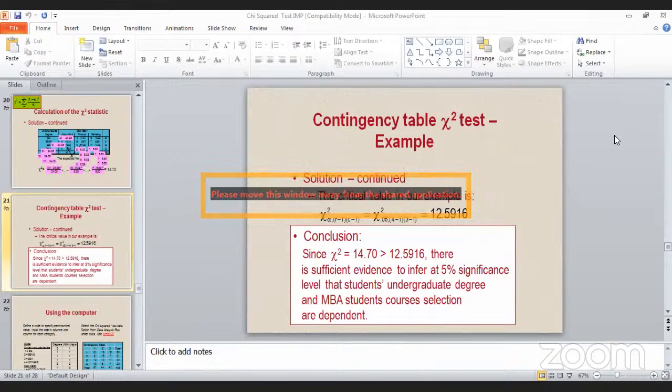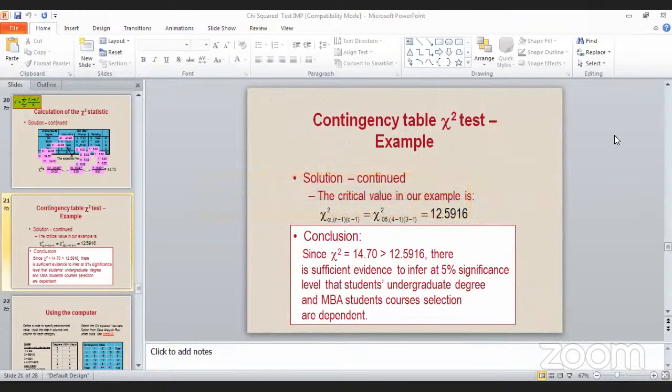Sir, I have some questions. While using this chi-square test, I think there is a rule that in every cell, the minimum observations must be at least 5. Sometimes when we do the tabulation and enter the values, it will be less than 5. In that context, I personally go for Fisher's exact value.